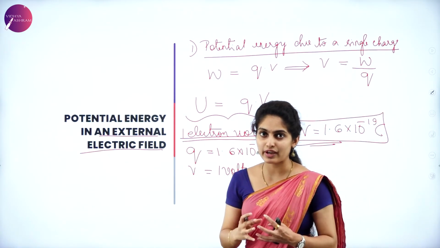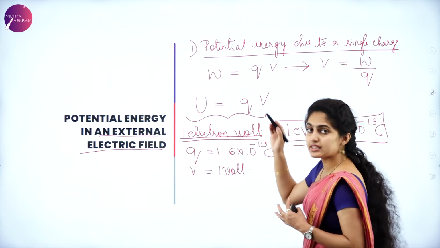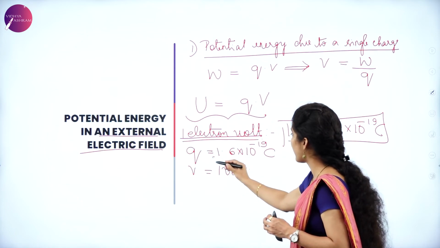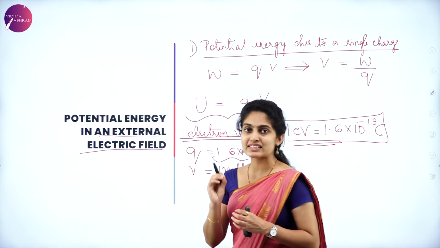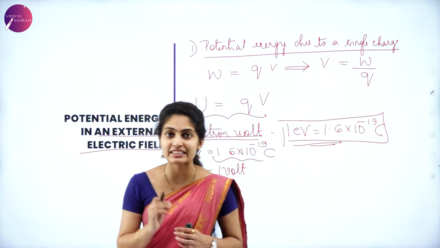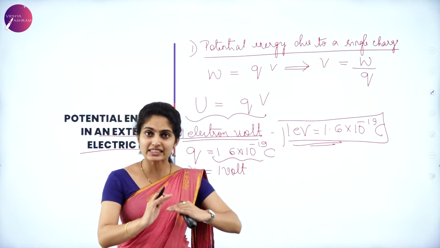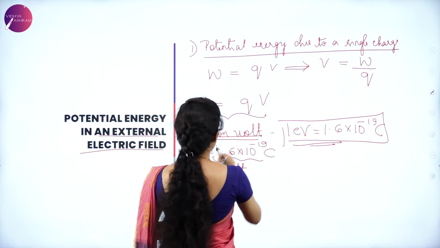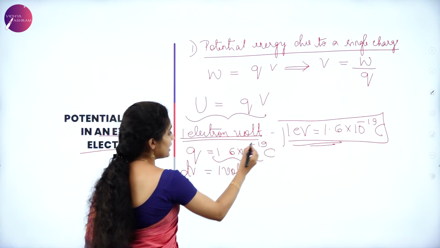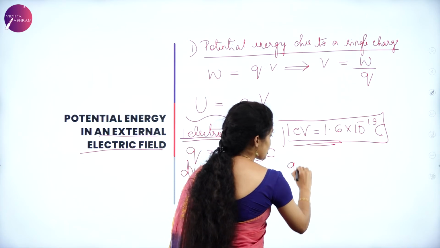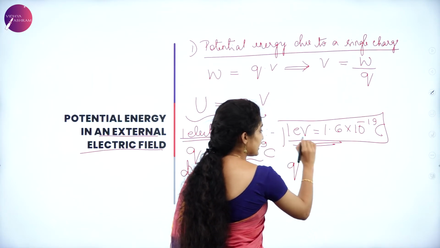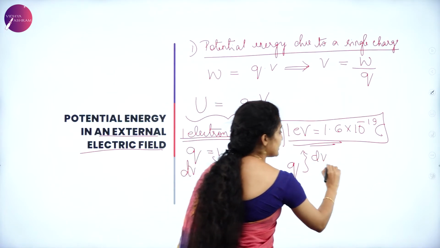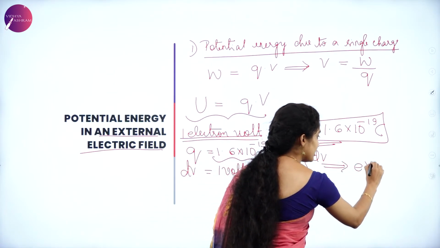So how can you define it? When a particle of charge Q, which has the value of 1.6 into 10 to the power of minus 19 coulomb, is accelerated through a potential difference of dV, then this event is said to be 1 electron volt.